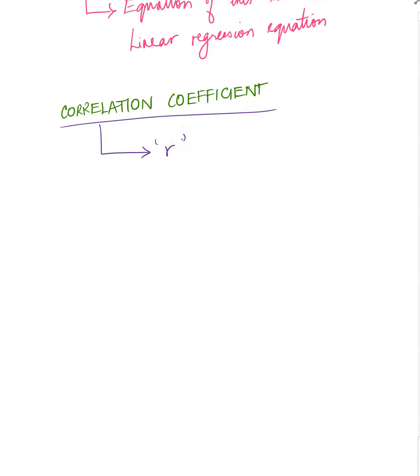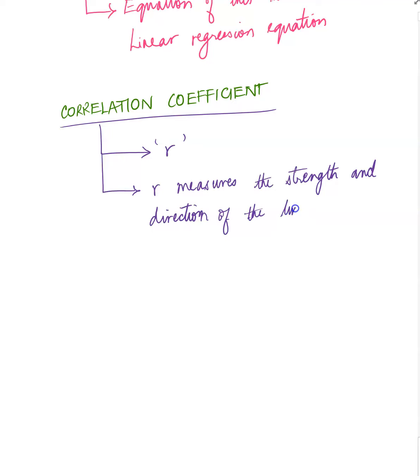And this was developed by Karl Pearson in the early 1900s. So it is an indicator. R is the correlation coefficient, okay. So it measures the strength and direction of the linear relationship between the independent variable x and the dependent variable y.